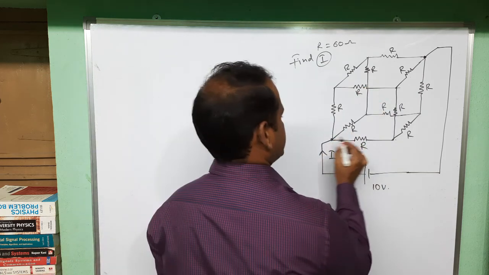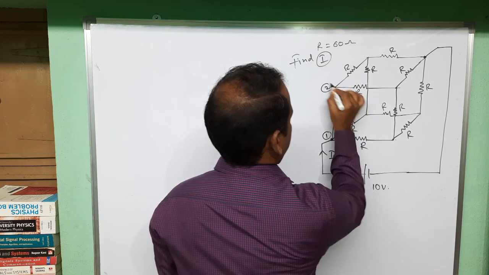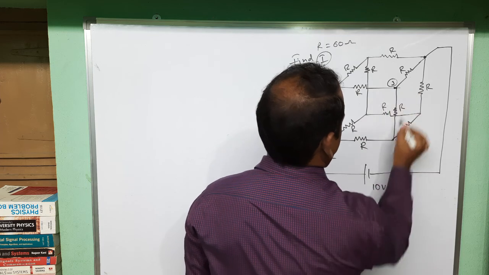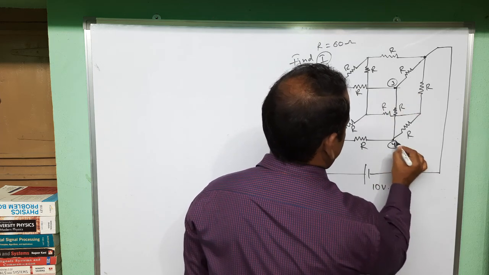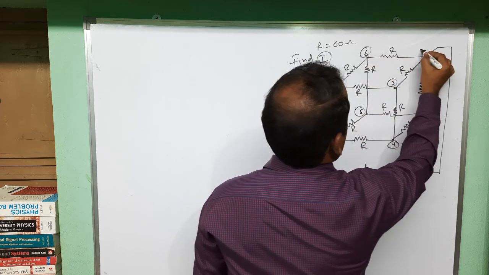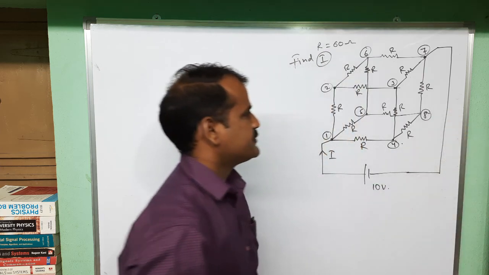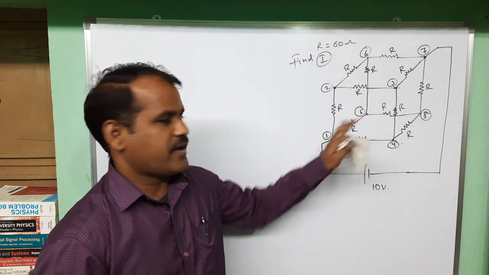Right. Let us consider first. I am naming the points here: 1, 2, 3, 4, 5, 6, 7, 8. These are the 8 points.